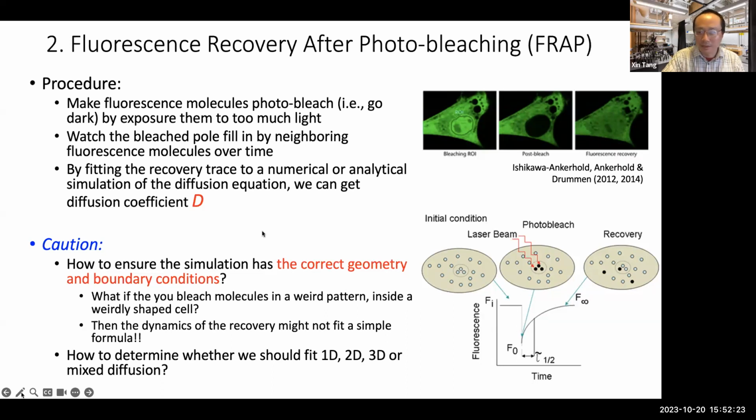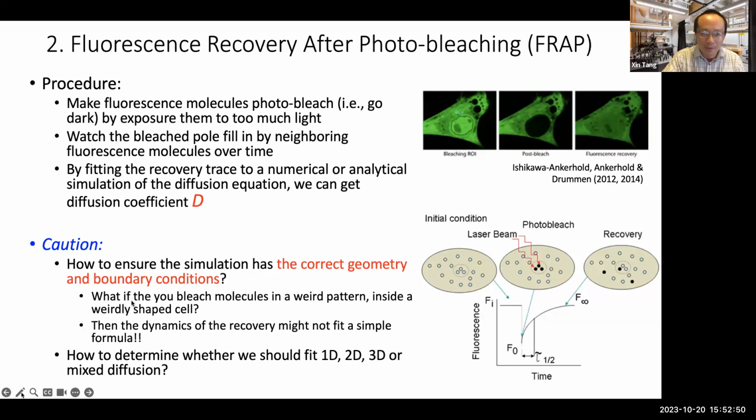But based on different cell geometry, because cells change geometry, and have different boundary conditions, right? Different shapes, different conditions. So in different conditions, we need to make sure the simulation really captures those geometries and boundary conditions, so that it can reliably give us appropriate results.